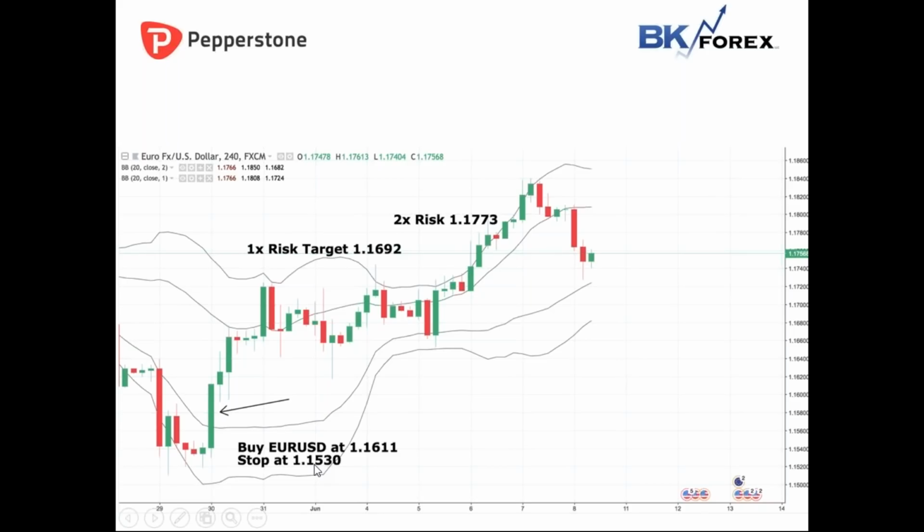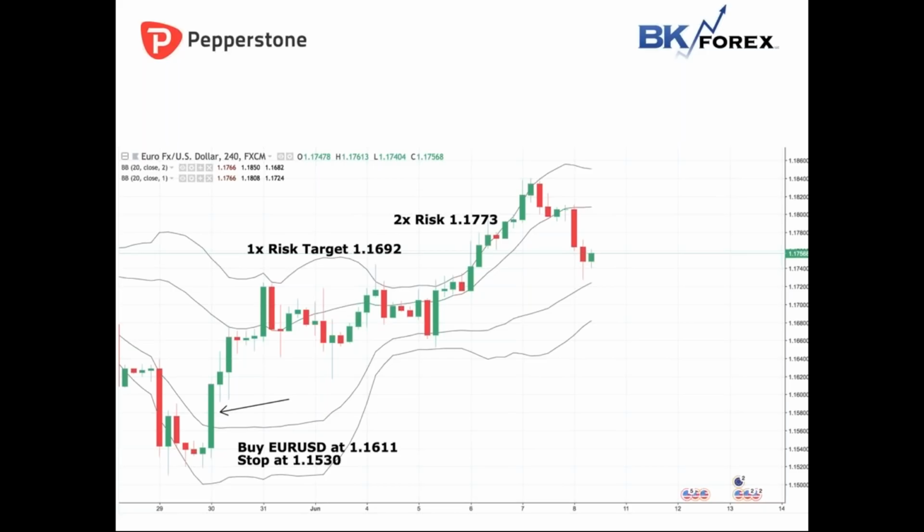So you're risking about 80 pips, and it's a 4-hour chart, so it takes a little while. It takes maybe 2 days, and because 80 pips is a good size move, your 80 pip target is hit at 116.92.